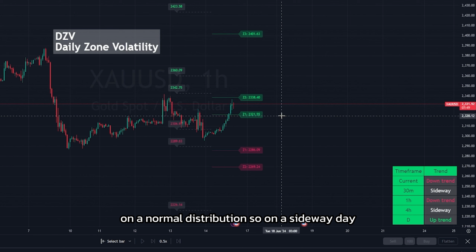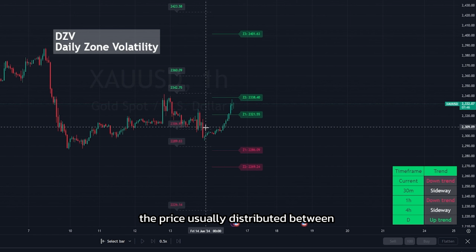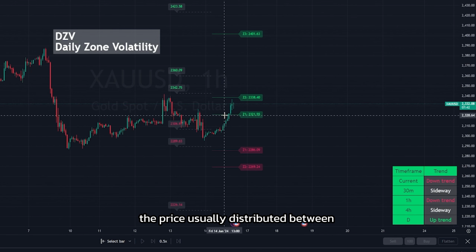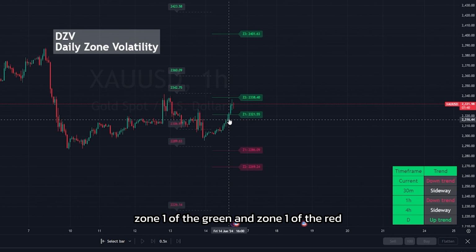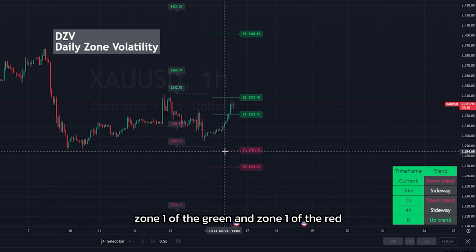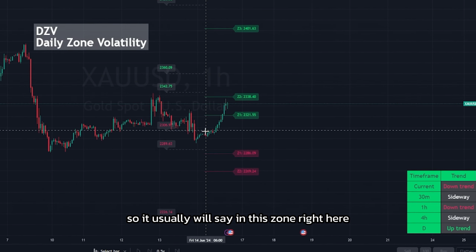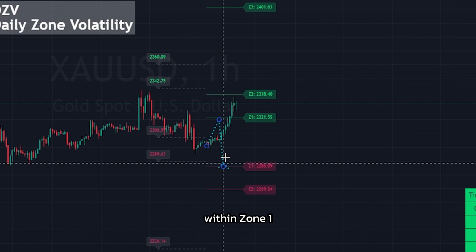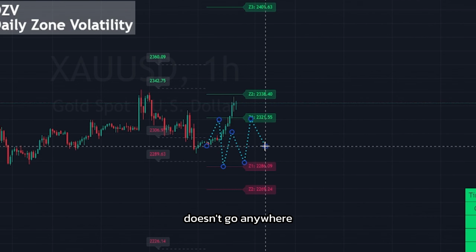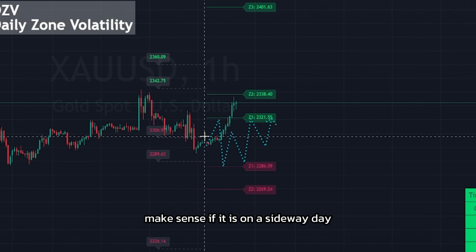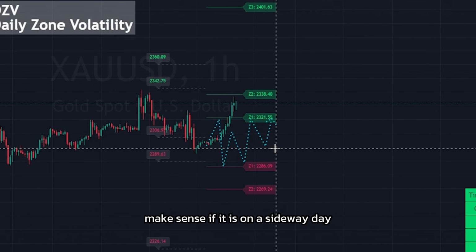So on a sideways day, the price is usually distributed between zone 1 of the green and zone 1 of the red. So it usually will stay in this zone right here, within zone 1, doesn't go anywhere. Make sense? If it is on a sideways day.